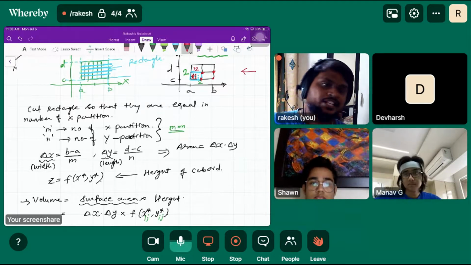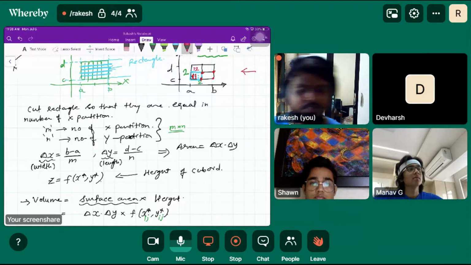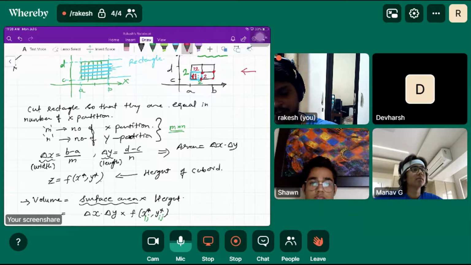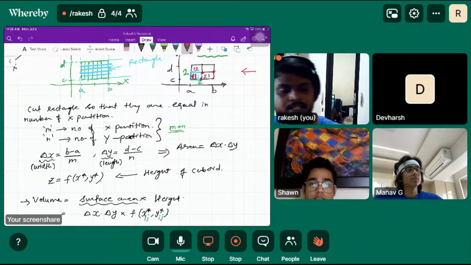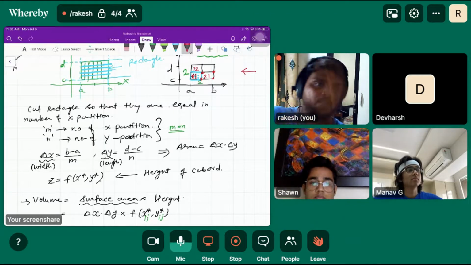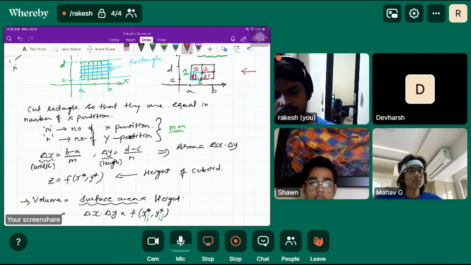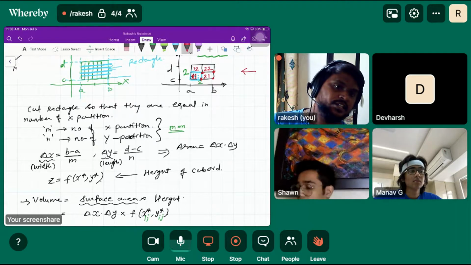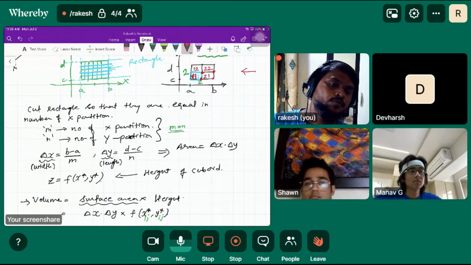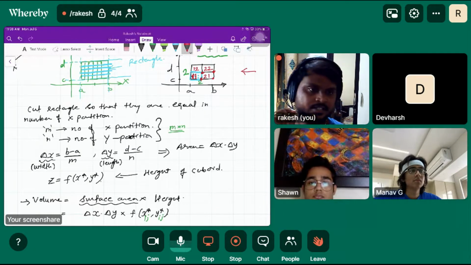Now we go to the next partition along delta x, along the x direction. So that will be 2 1, and then we move along the y direction. So that will give you the corresponding rectangles, right?